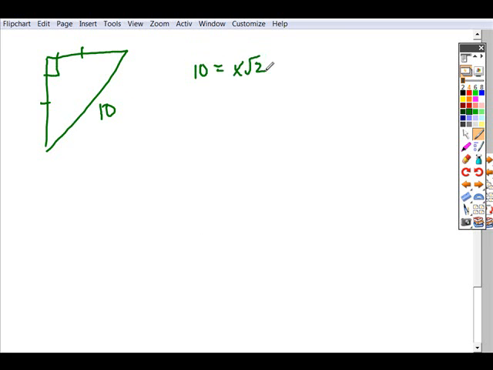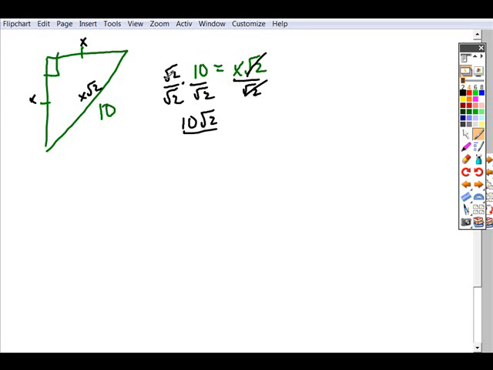So if we wanted to find what x is, again, because we're looking at this pattern, x, x, and x root 2, we would have to divide by root 2. And if you recall from algebra, which hopefully you guys do recall, when you rationalize a denominator, meaning you can't leave a radical in the denominator, you have to multiply through by root 2 over root 2 in this case.